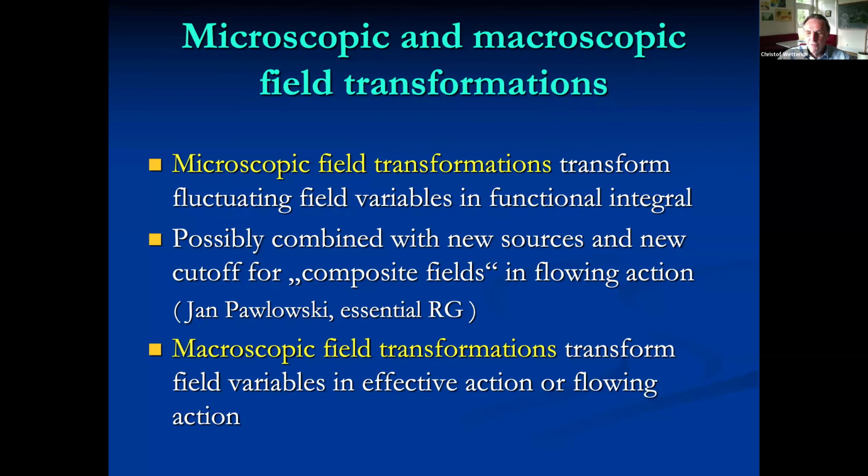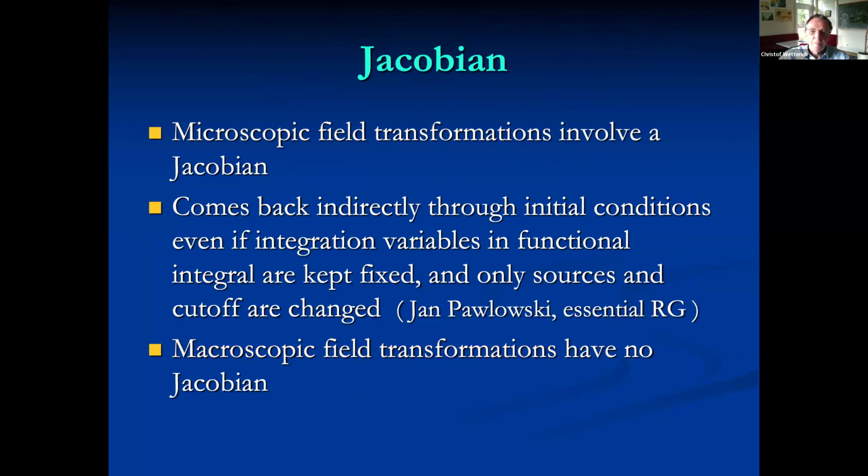So these are simple variable transformations in a given functional integral. If you go to microscopic field transformations, you have, of course, a Jacobian. You have a field transformation in an integral, and if that is nonlinear, you necessarily get a Jacobian.